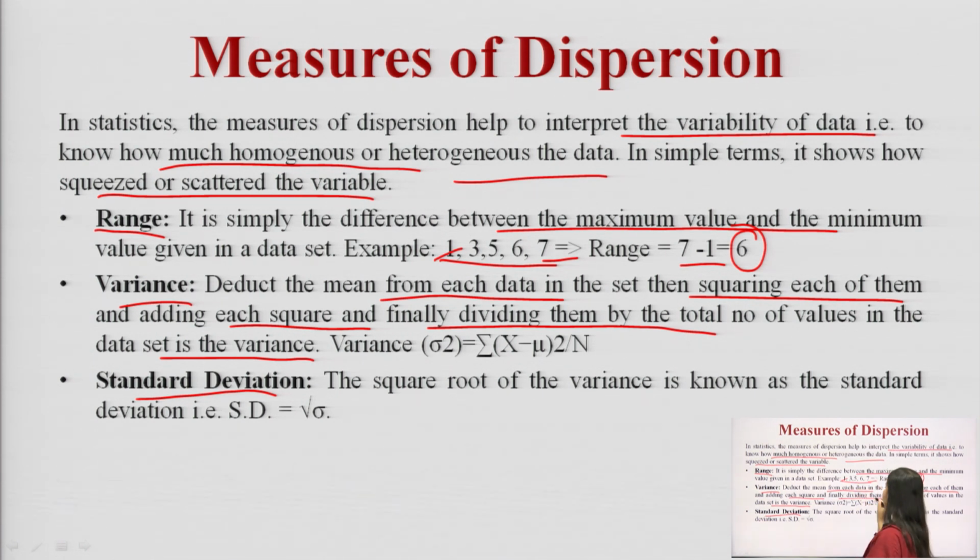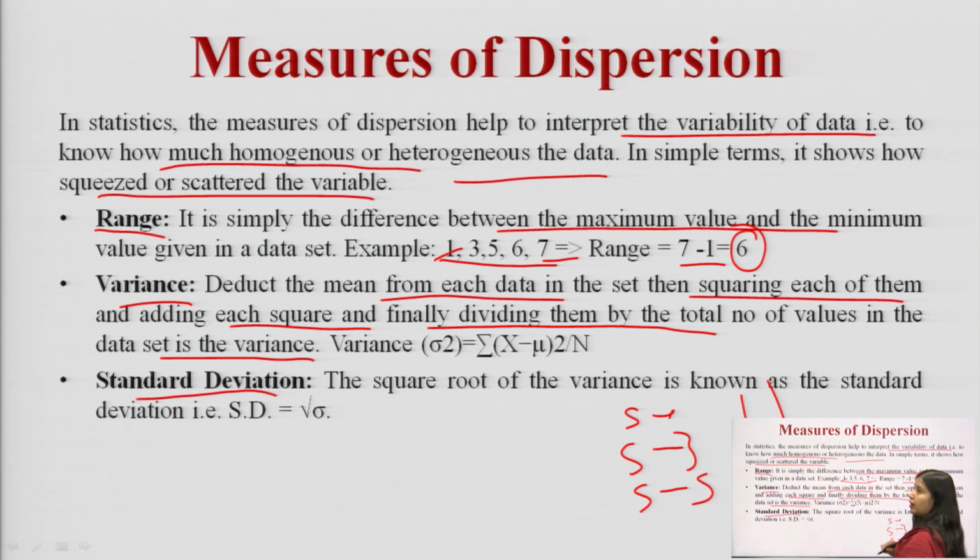So what we do is subtract each data point from the 5, meaning 5 minus 1, then 5 minus 3, 5 minus 5, and whatever values we get here, we square them. Suppose 1 minus 5 gives 4, then 2, 0.